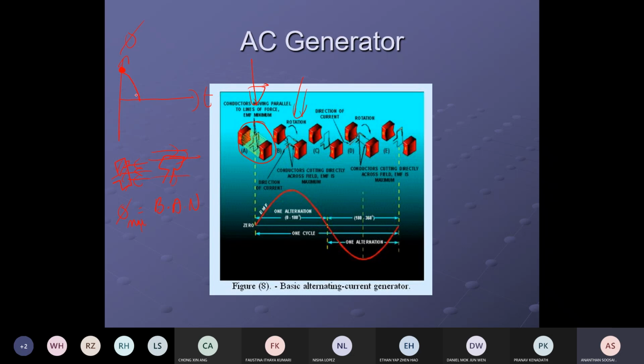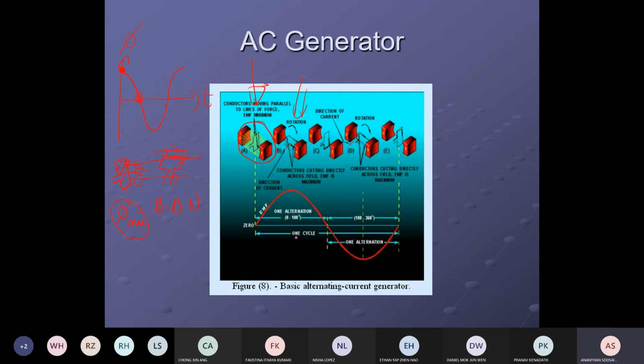Drops to zero for the second picture. This is how the flux changes. Flux is maximum when the coil is vertical, that's the point I'd like to highlight. When the coil is vertical, the surface area is perpendicular to the magnetic field and the flux is maximum.